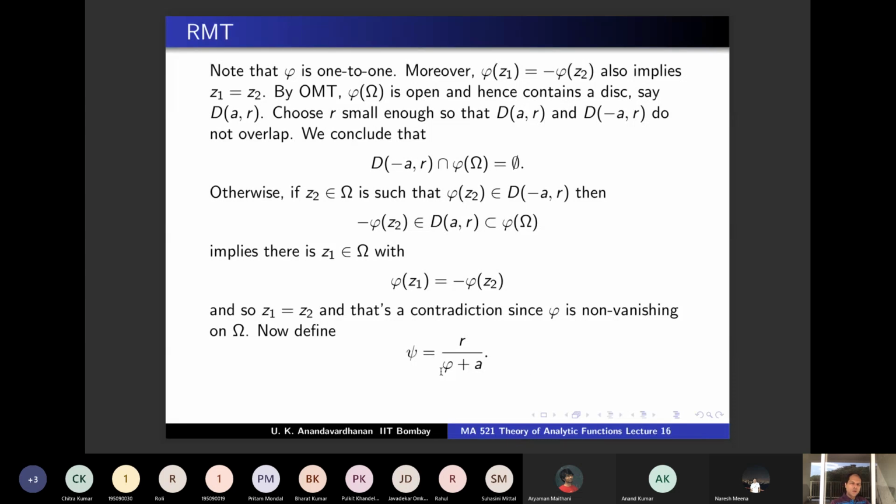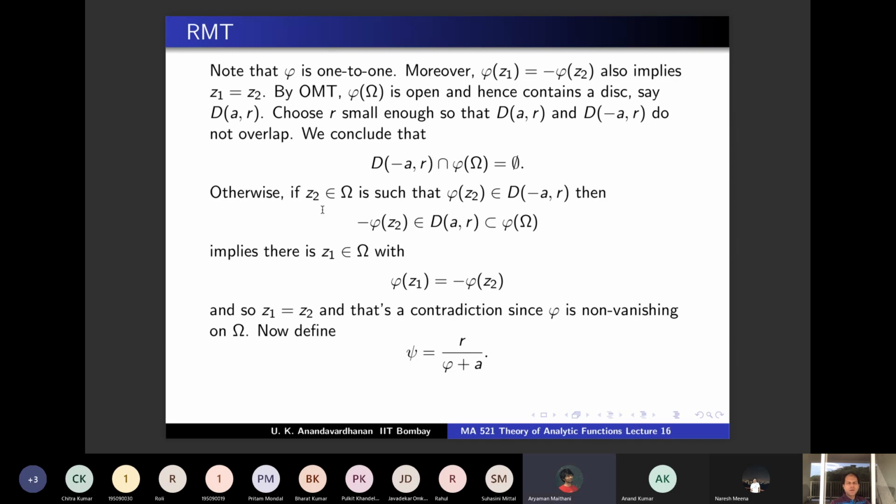But you would like to say that the modulus is strictly less than 1, and that's okay because both these things are open. Phi of omega is open. Even on the boundary, if the modulus is equal to 1, then you are getting a point z such that phi of z is on the boundary of this. But that also cannot happen because phi of omega is open, right?